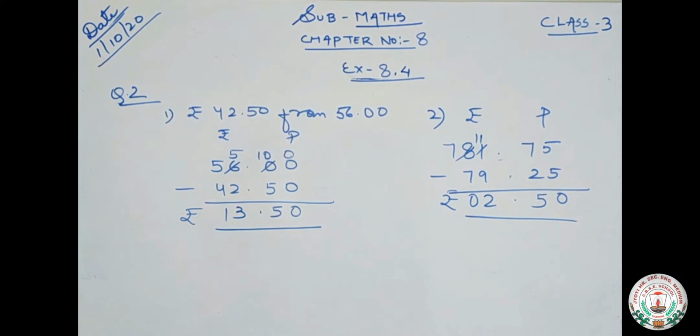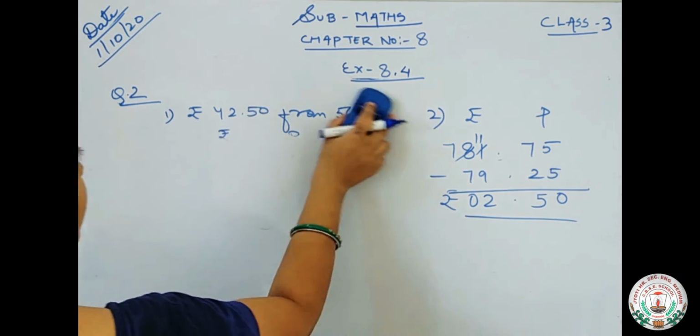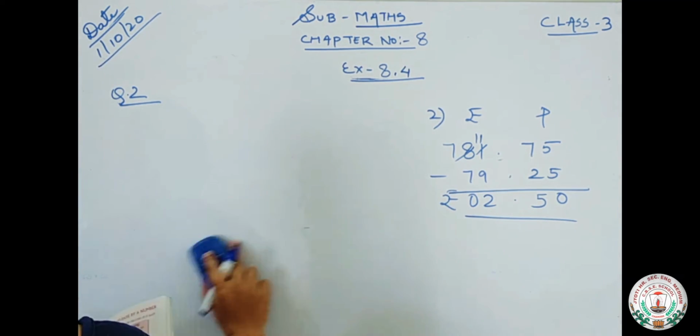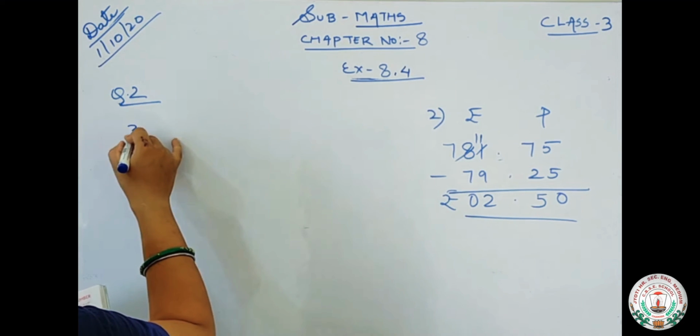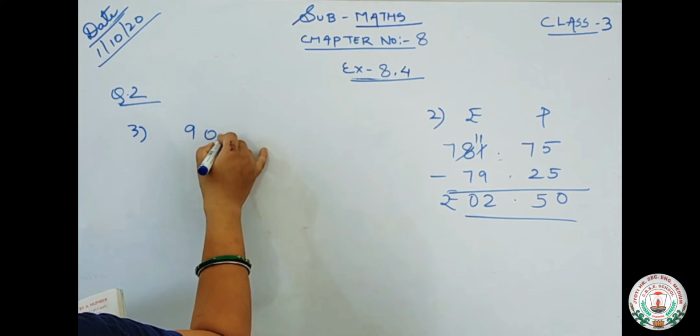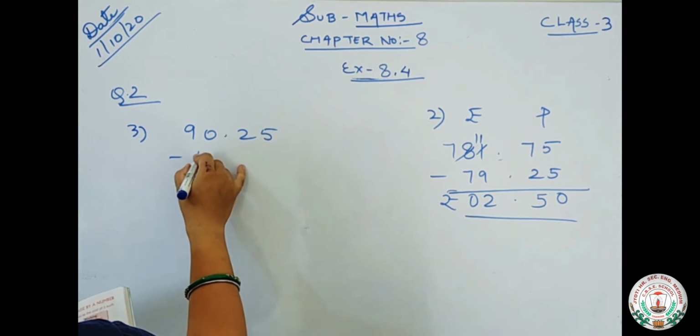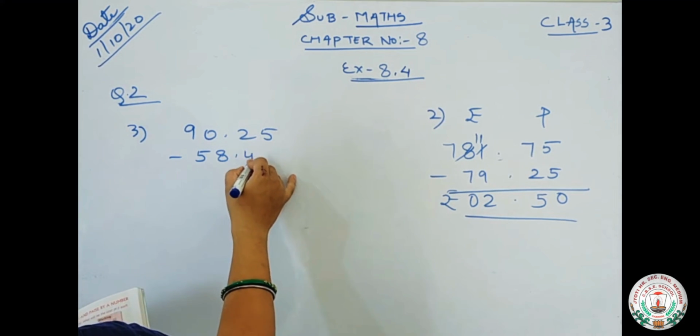Okay, what is number 3? Number 3 is 58.40 from 90.25. Number 3 is 90.25 minus 58.40.